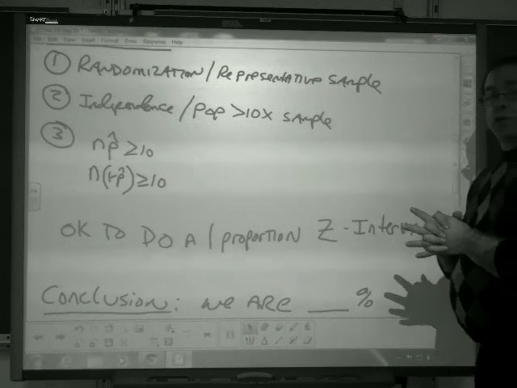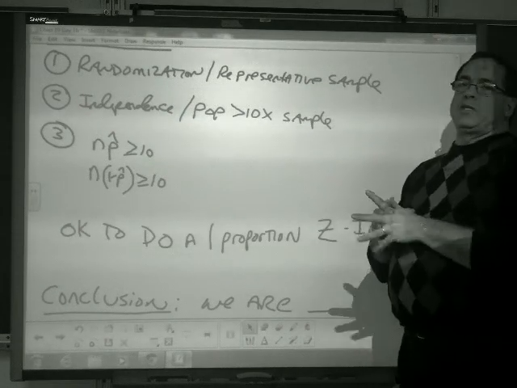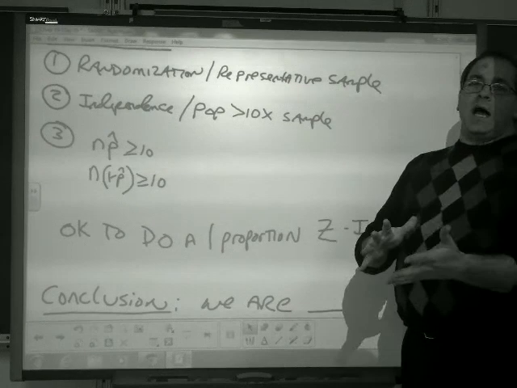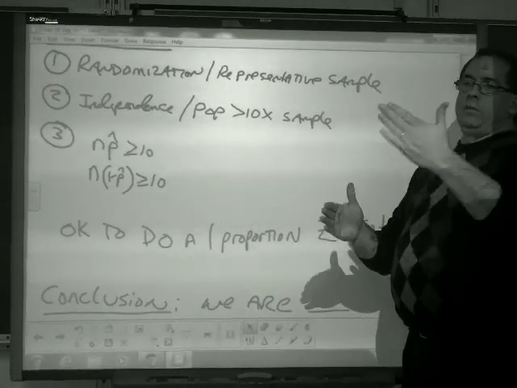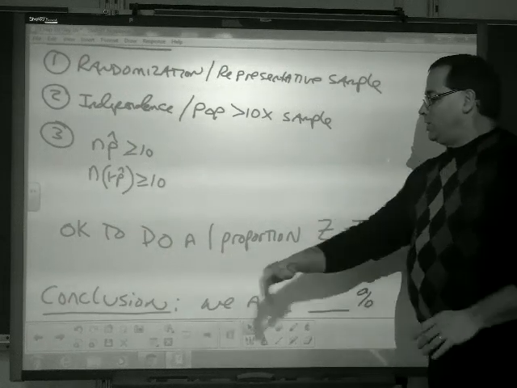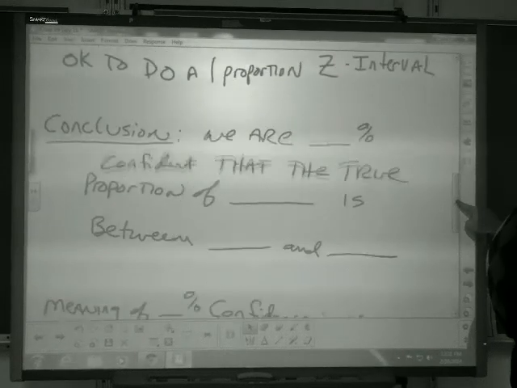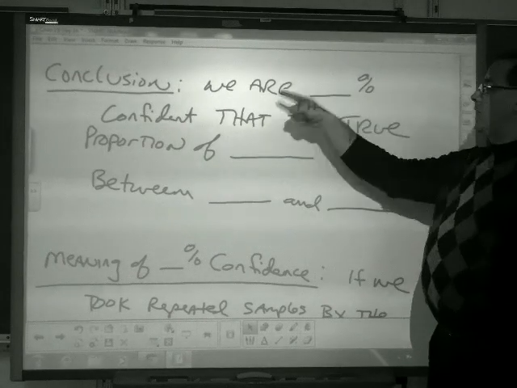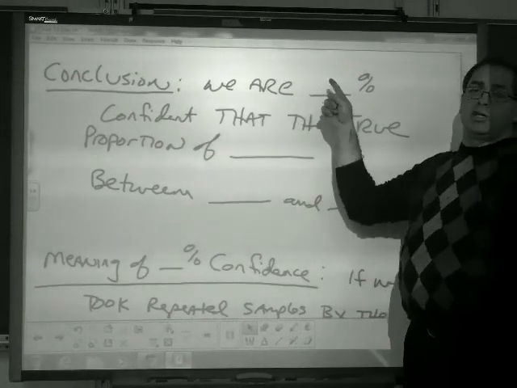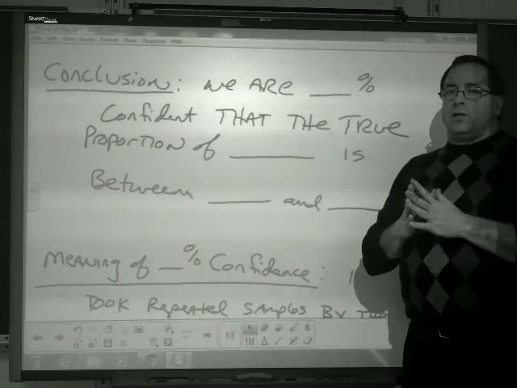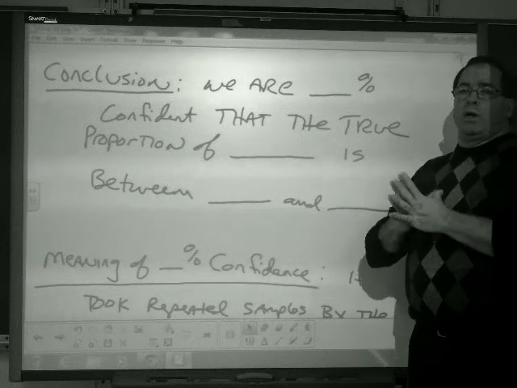We wrote a conclusion in class for the pennies. We said we were 95% confident that the true proportion of pennies from the 1990s was between, well, maybe 10 and 35%, whatever your classes came out to be. In general, we use this: we are blank percent confident. Whatever that percentage is, whether it's 95, could be 99, it could be 80, it depends on what the person running the test wants.